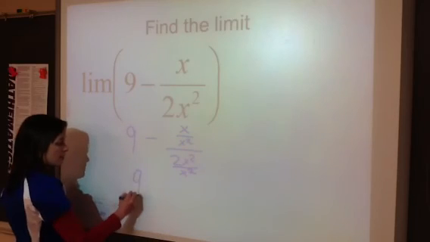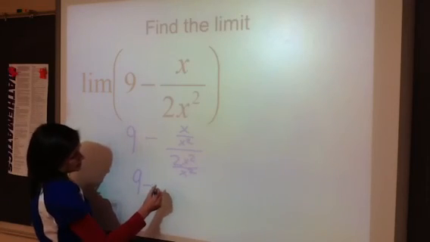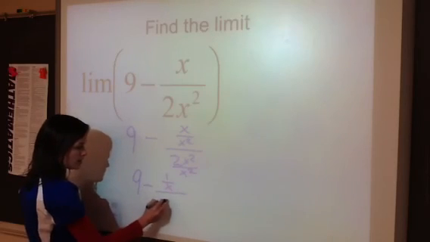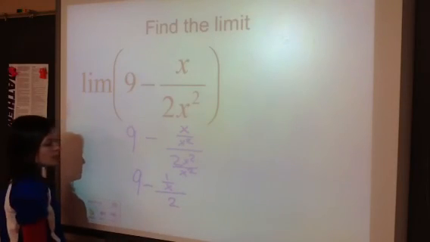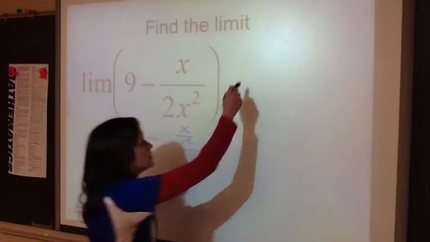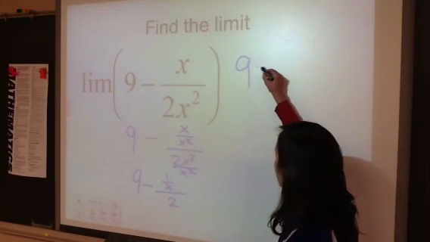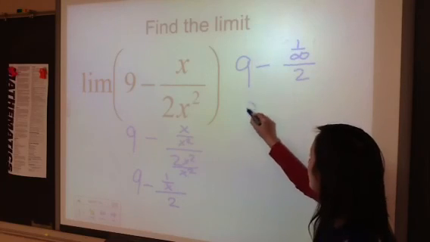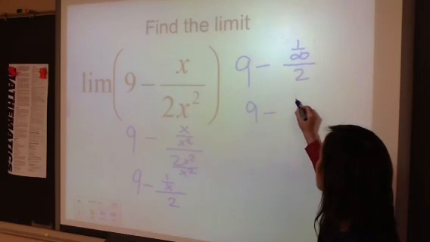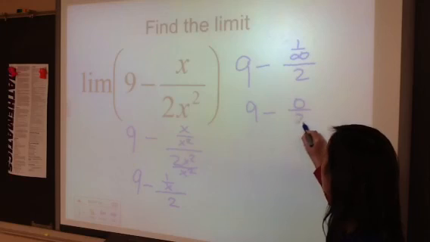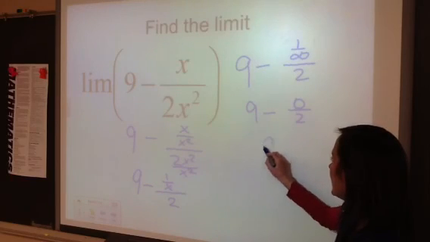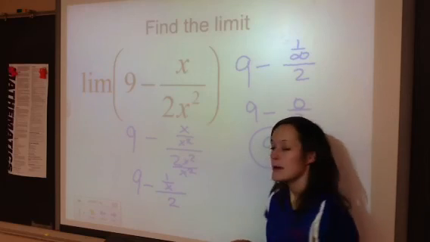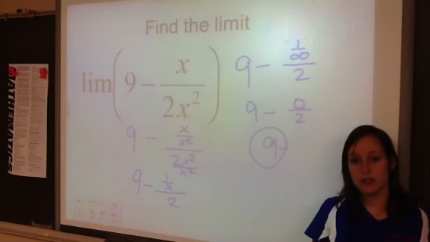So on top you get 1 over x, and on bottom you get 2. So we're going to plug in infinity. We have 9 minus 1 over infinity over 2. We have 9 minus 0 over 2. So we have 9 over 2. Please come with questions for next time.